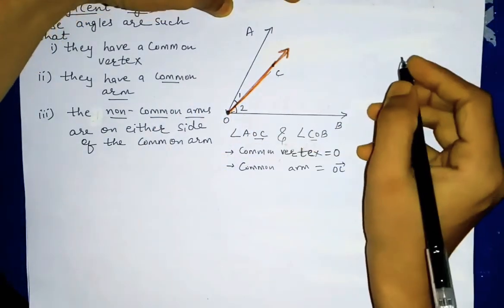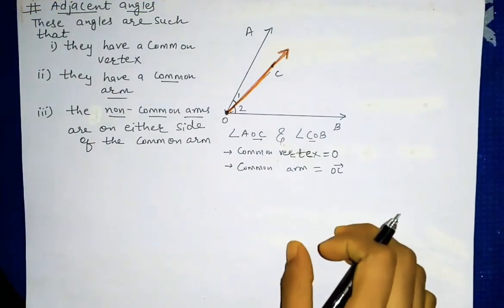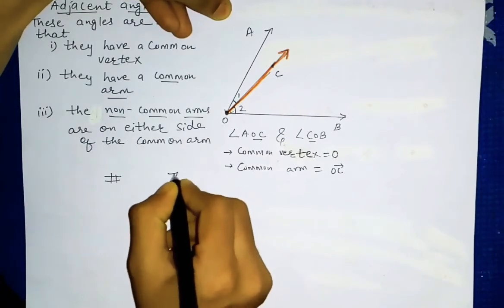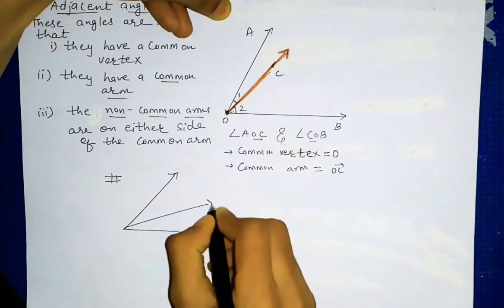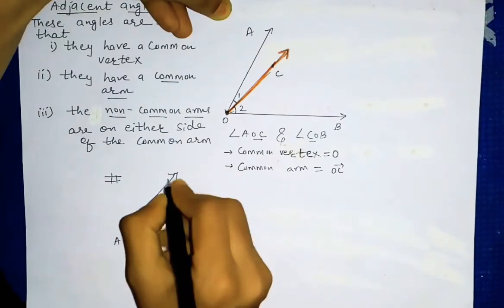If you see another example, suppose I am taking another example which is not adjacent. Let us see in which case it is not adjacent. Suppose I am taking one more figure. This is vertex point A, we can give any name.